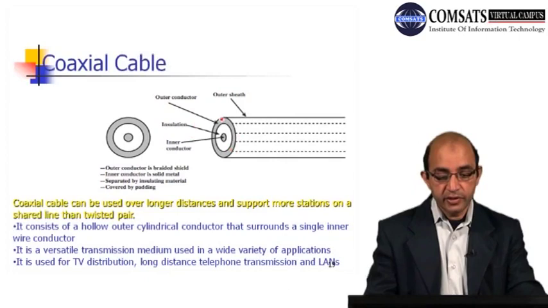And then we have the insulation that is shielding this outer conductor from the inner conductor, right? So here we have the inner conductor. The outer conductor is a braided shield, the inner conductor is a solid metal wire, and we have an insulating material in between.